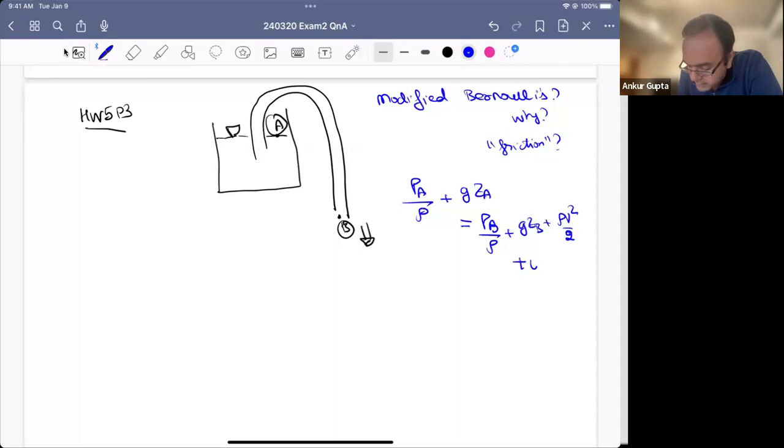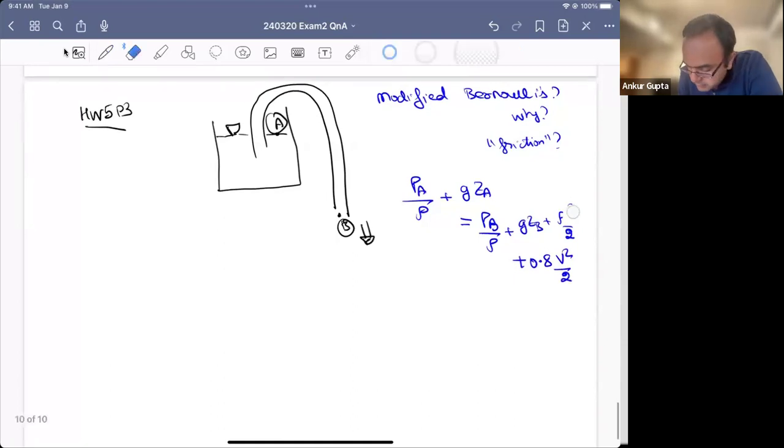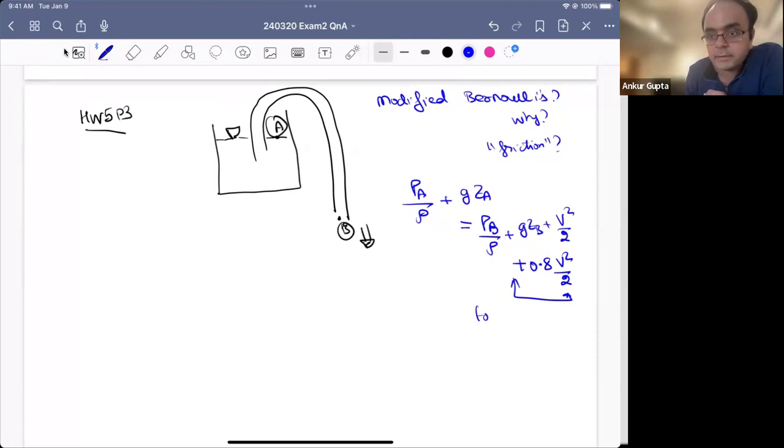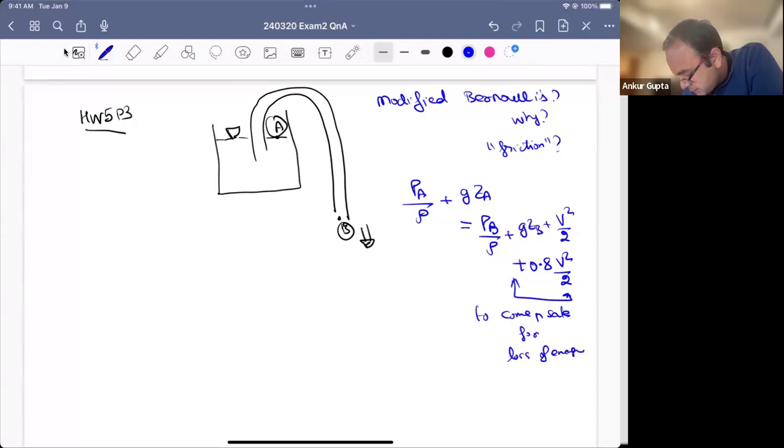But now I will add this 0.8 V squared by 2 to compensate for friction, because again energy at A is higher than energy at B. I'm adding this on the right hand side, or you can subtract from the left hand side, to compensate for the loss of energy. And it's 0.8 V squared by 2.